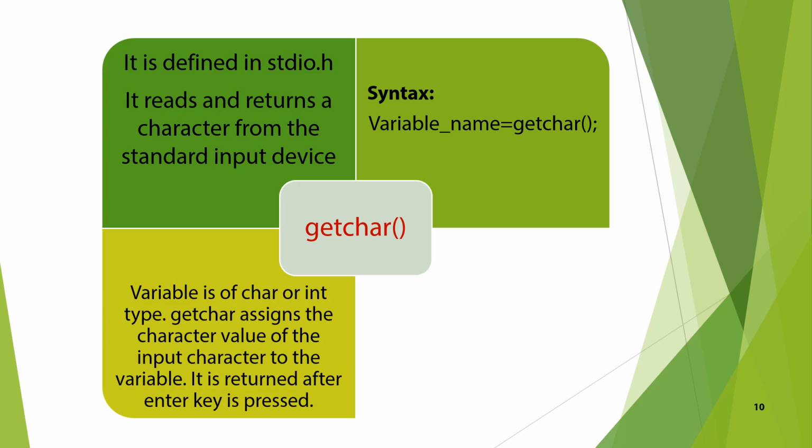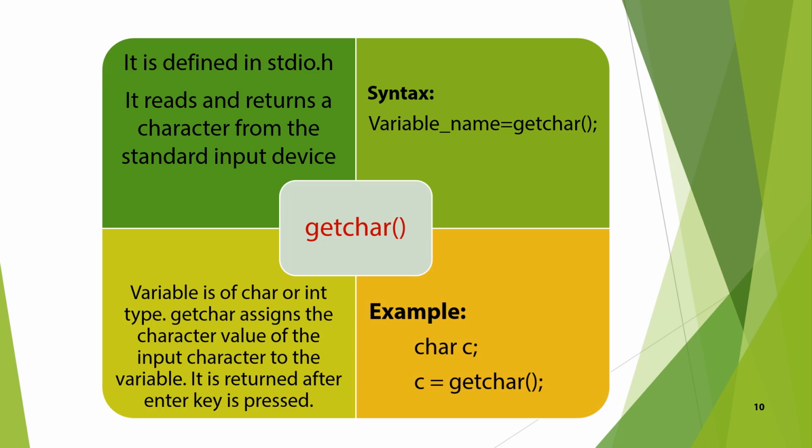From this syntax, the variable name should be of character or integer data type. The getchar function reads the character value from the input device and assigns that value to the variable. It returns the character after the enter key is pressed by the user.